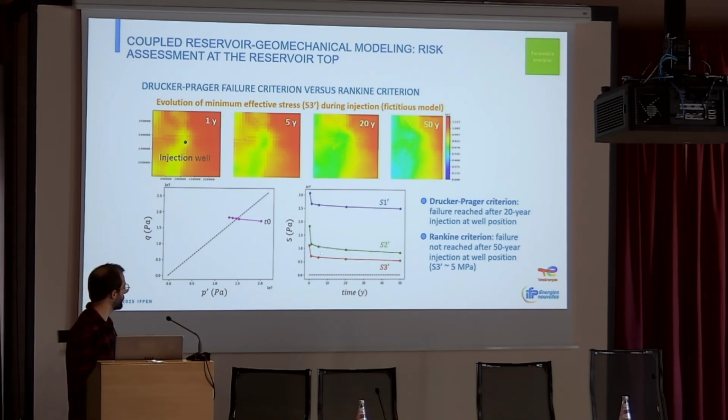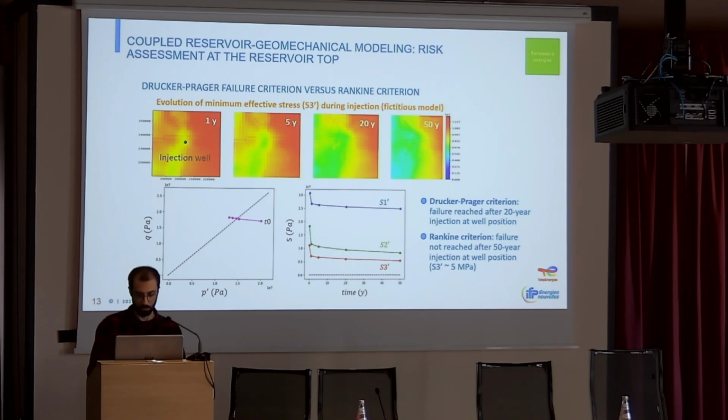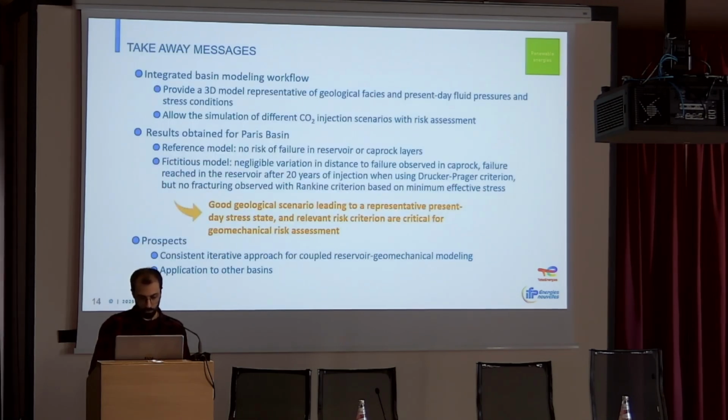The failure is not reached. But if we look at the Drucker-Prager criterion, you see there is a failure just after 20 years of injection at the well position in the reservoir. So we have to be really careful of the criterion we choose to see if there is a failure in the system or not.